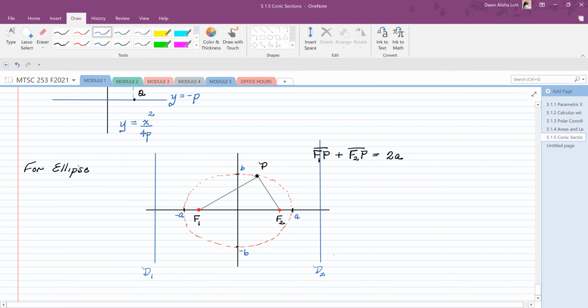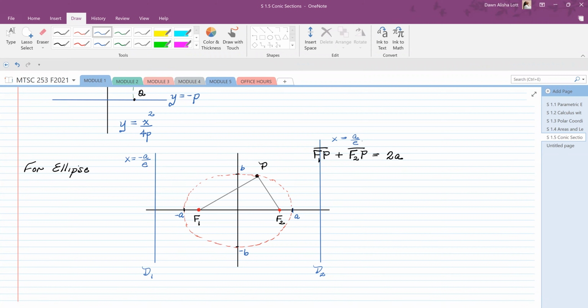And the way that you find them is, this one is x is equal to minus a over e. And this one is x is equal to positive a over e. So those are the directrices.